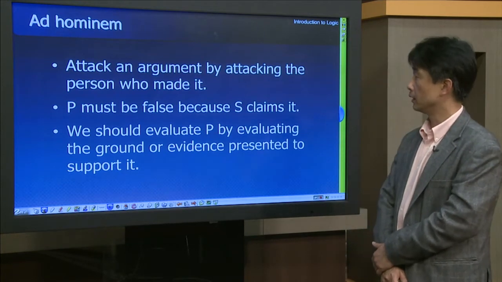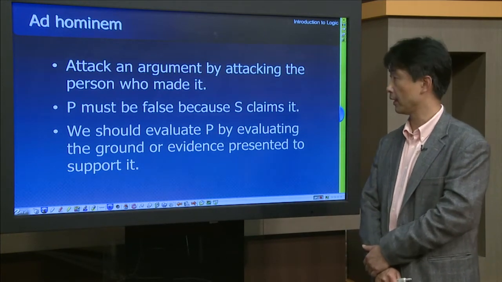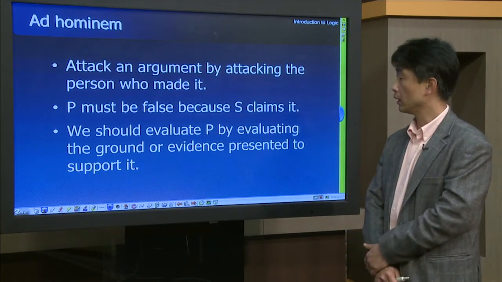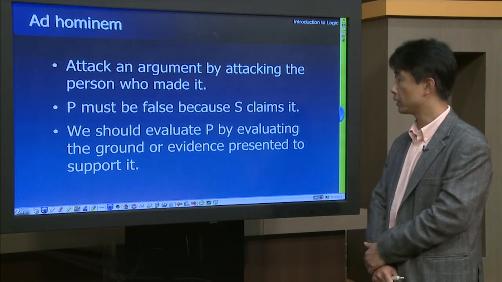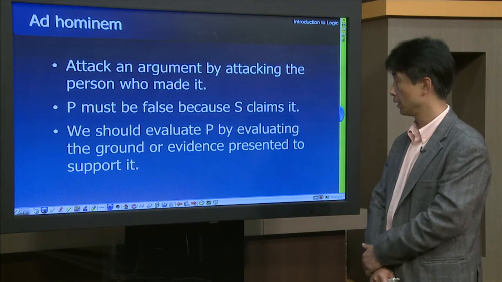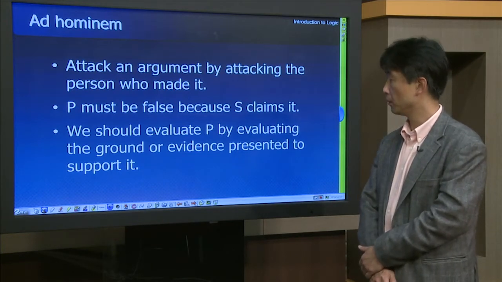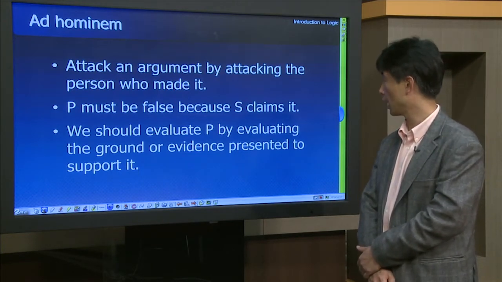Ad hominem is a famous fallacy. It occurs when someone attacks an argument by attacking the person who made it. P must be false because S claims it.